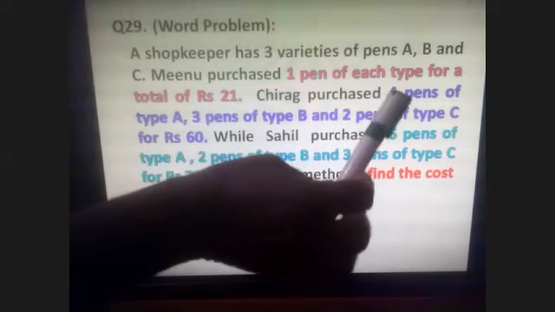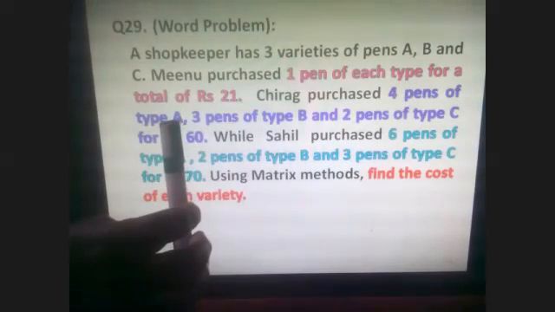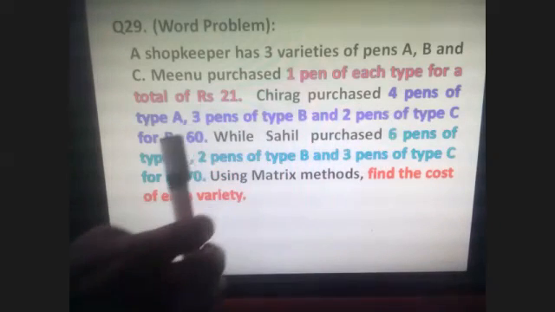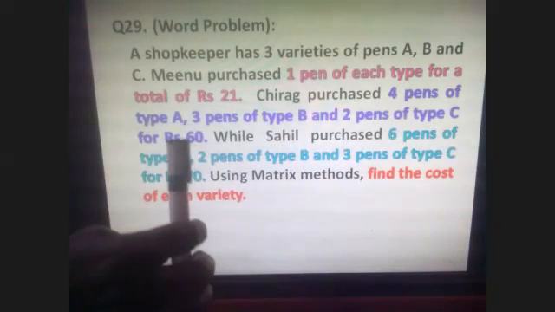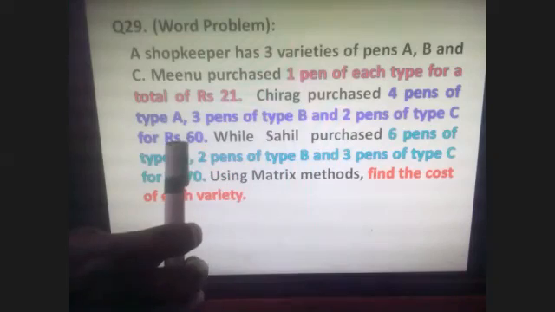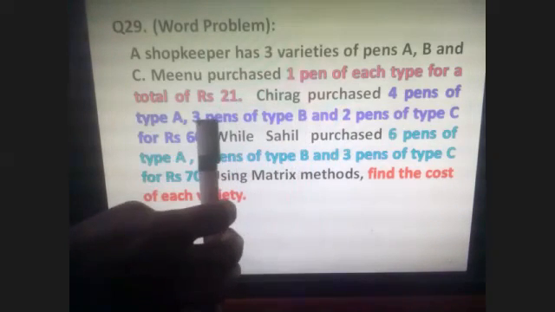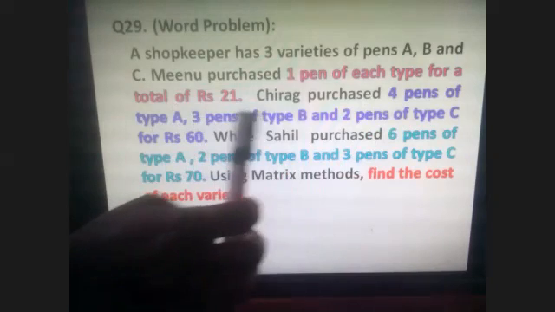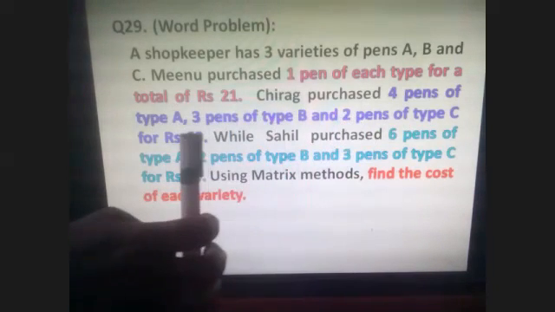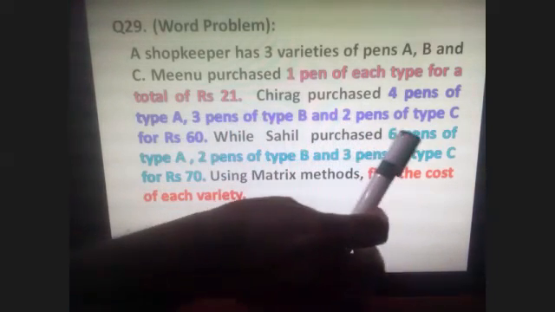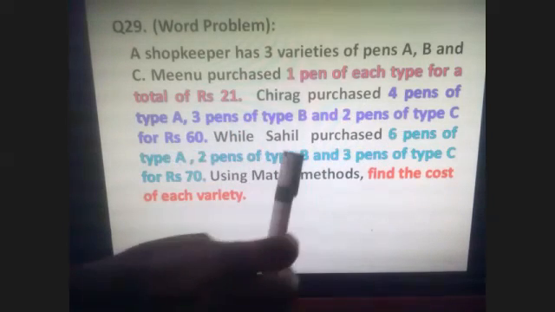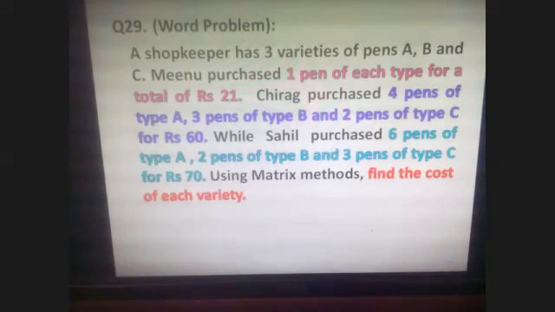Whereas look at 4 pens of type A, 3 pens of type B and 2 pens of type C cost rupees 60. That is 4x plus 3y plus 2z equal to 60, and further 6 pens of type A, that is 6x plus 2y plus 3z.